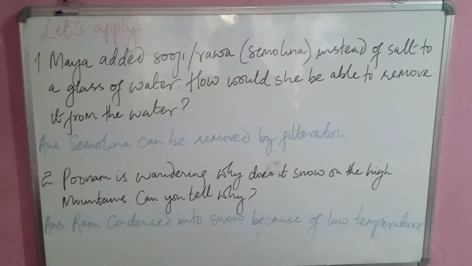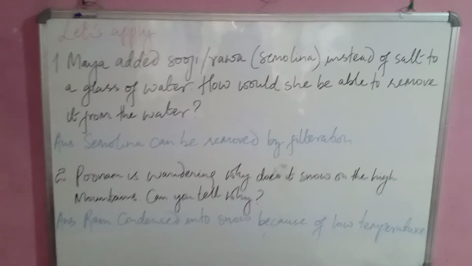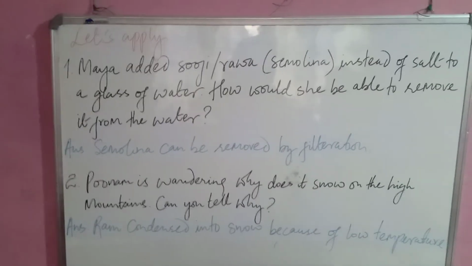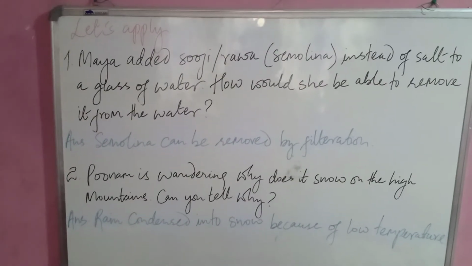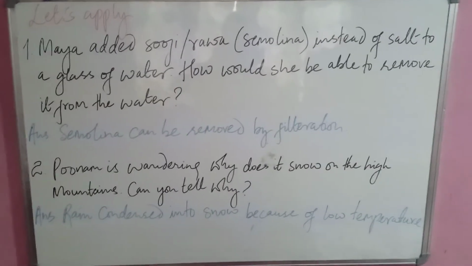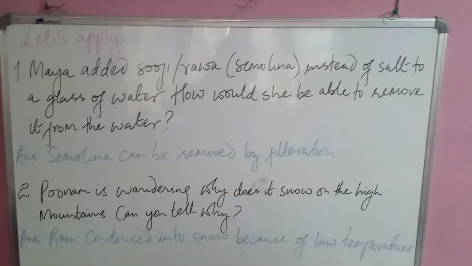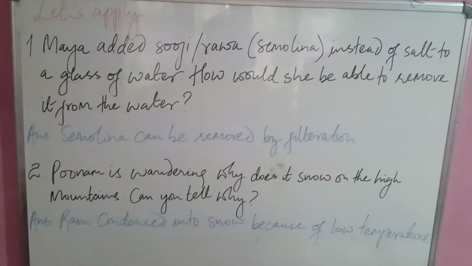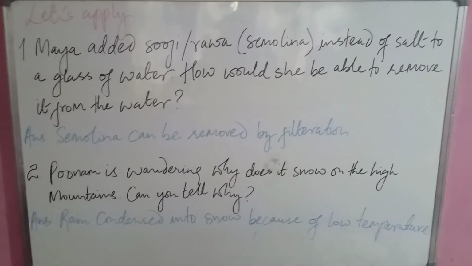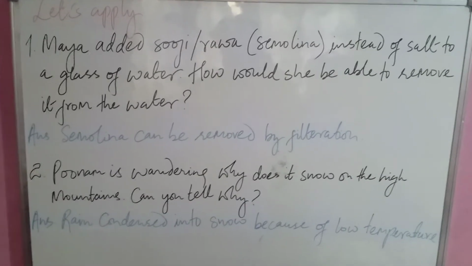If you add semolina in the glass of water, how will you separate these two things? It is simple, semolina can be removed by filtration. The process of filtration, you know that, right? There is a filter paper, and it will retain all the semolina in the filter paper.